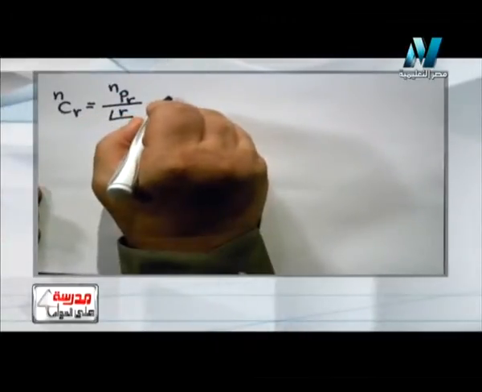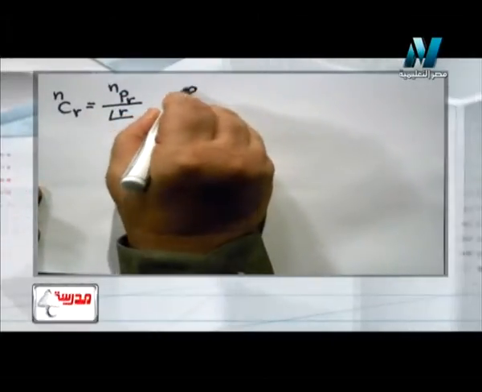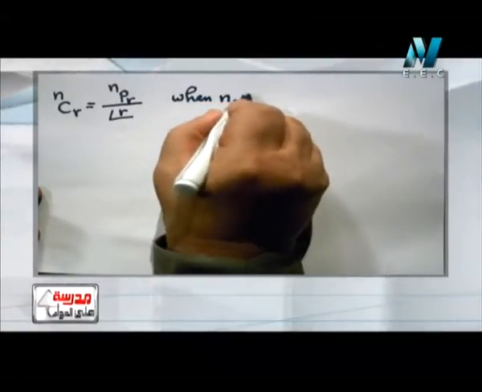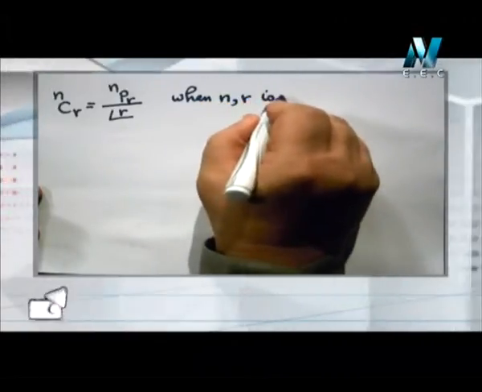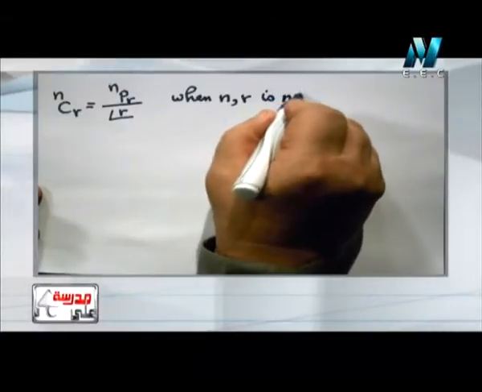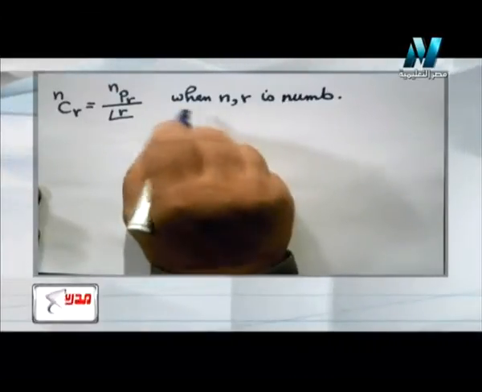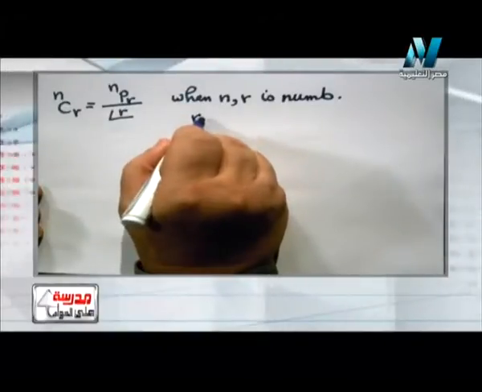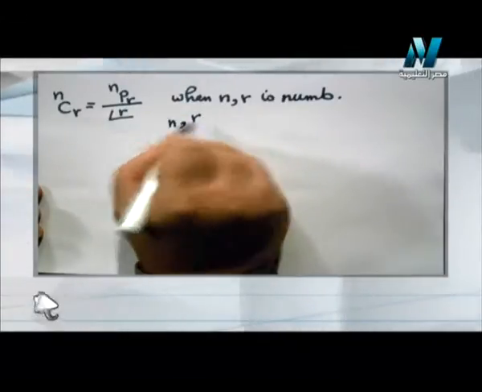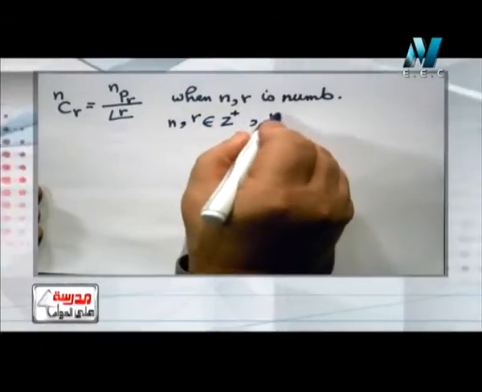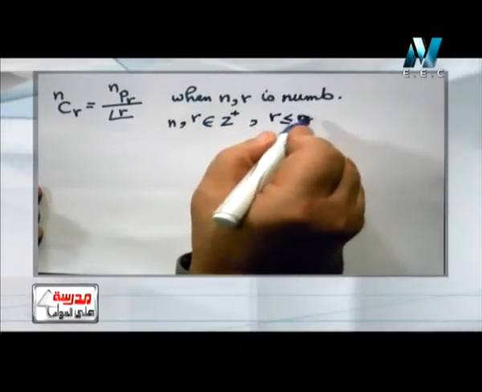This law is used when n and r are integers or numbers. This is the first law, and the condition is the same: n and r belong to Z positive and r is less than or equal to n.